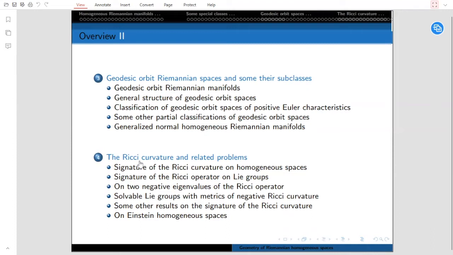it's very reasonable to study this class as a special object. And finally, my fourth talk will be devoted to some problems related to Ricci curvature on homogeneous Riemannian spaces. Ricci curvature is quite an important characteristic of curvature of a Riemannian manifold, and there are many interesting and open problems related to this notion.